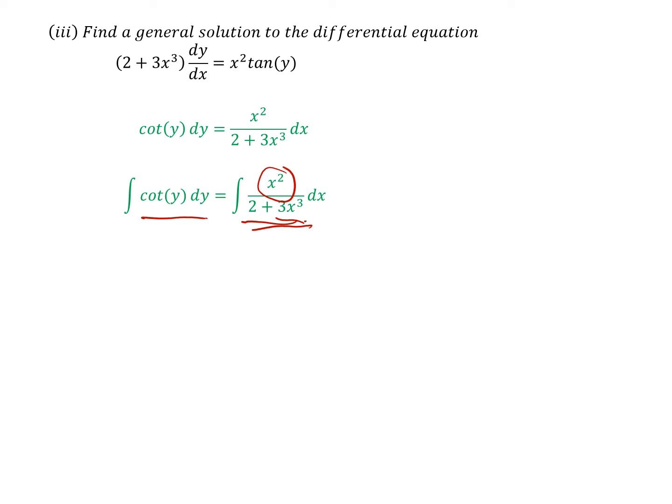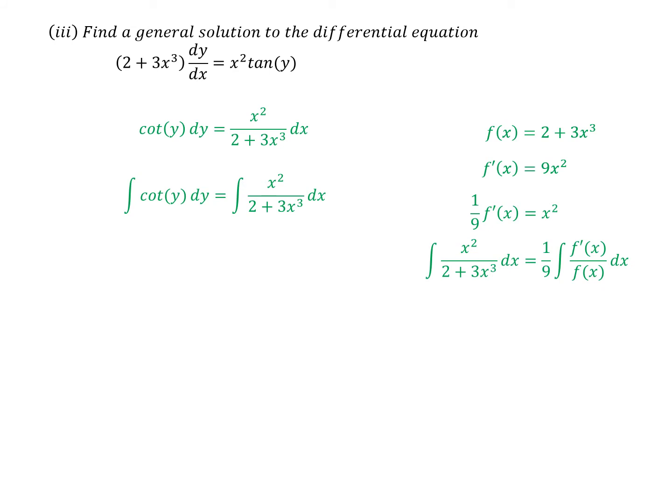So just to explain this, if I express f of x to be 2 plus 3x cubed, then f dashed x would be 9x squared. So x squared is 1/9 f dashed x.